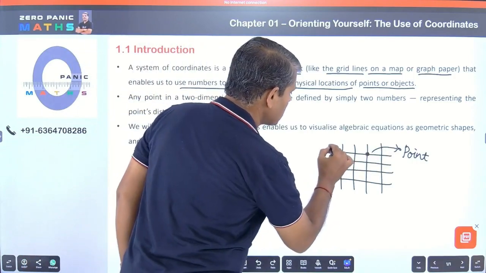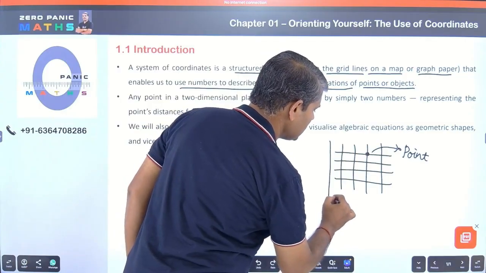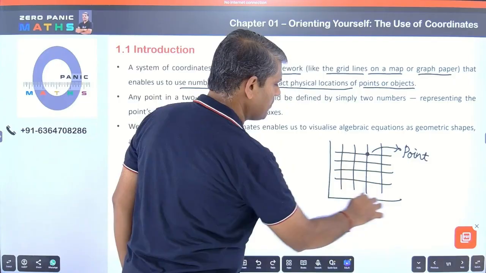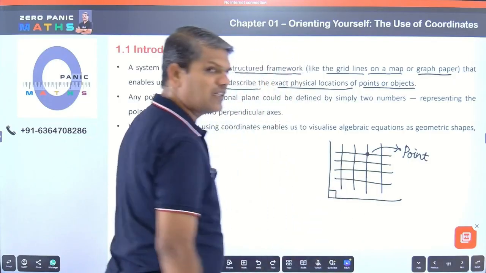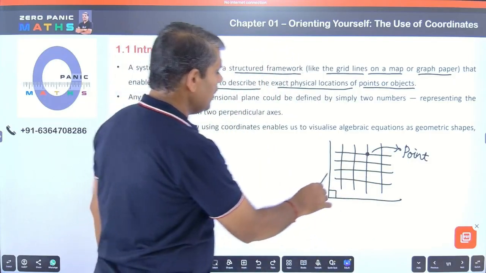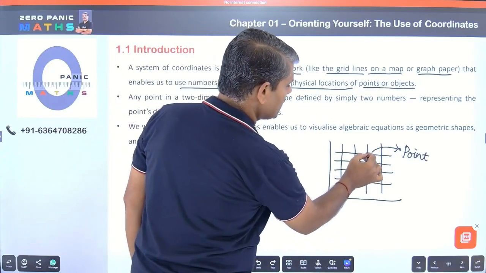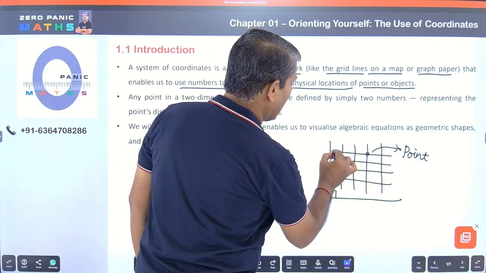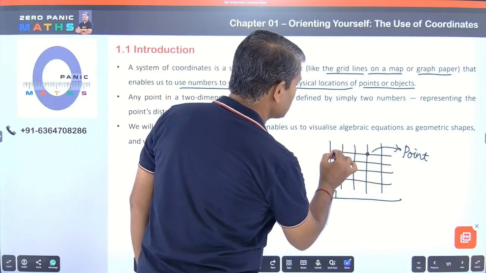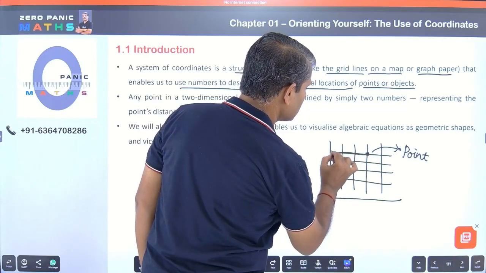Suppose this is one axis and this is another axis. These are perpendicular because they make a 90-degree angle here. So it is with two numbers that we represent this exact point, and that is the perpendicular distance from these axes.